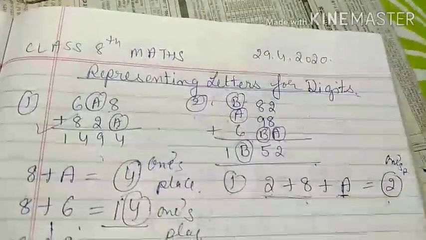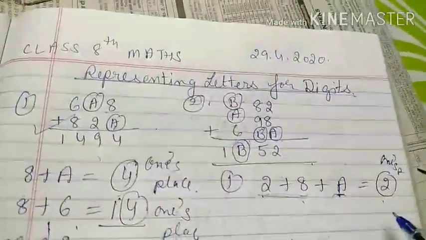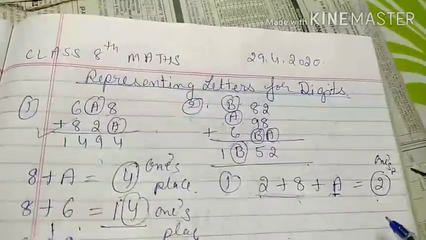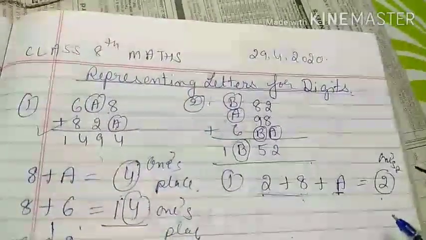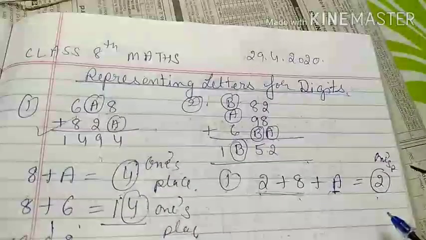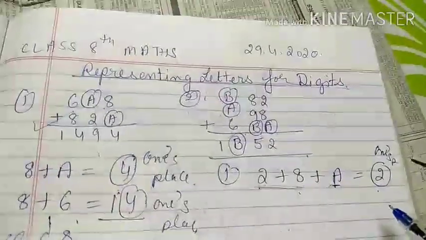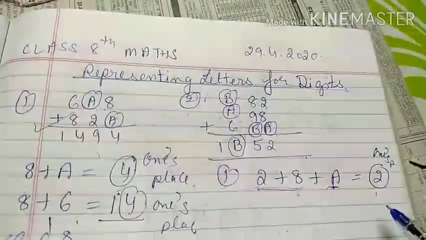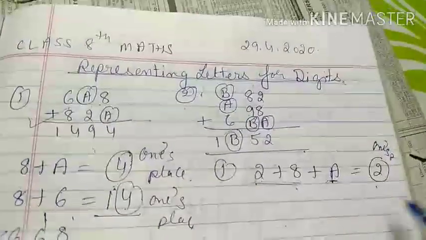Then I think what number should be added to 10 that gives me a number whose unit place, the ones place, is 2. When we add 10 plus 2, that gives me 12.